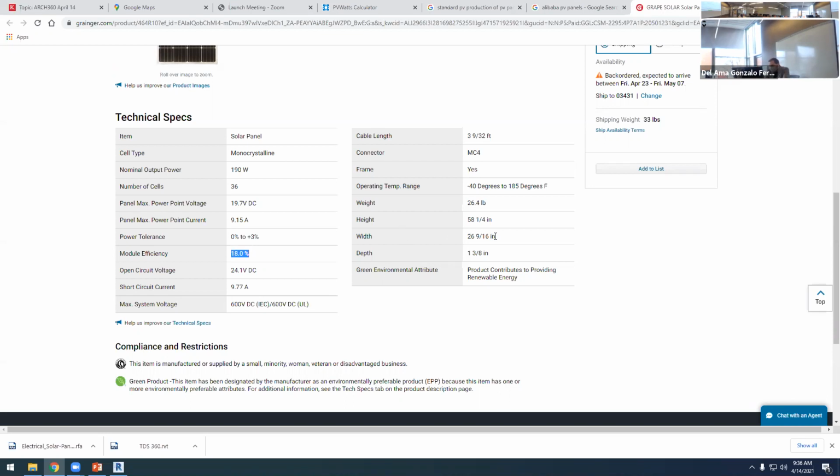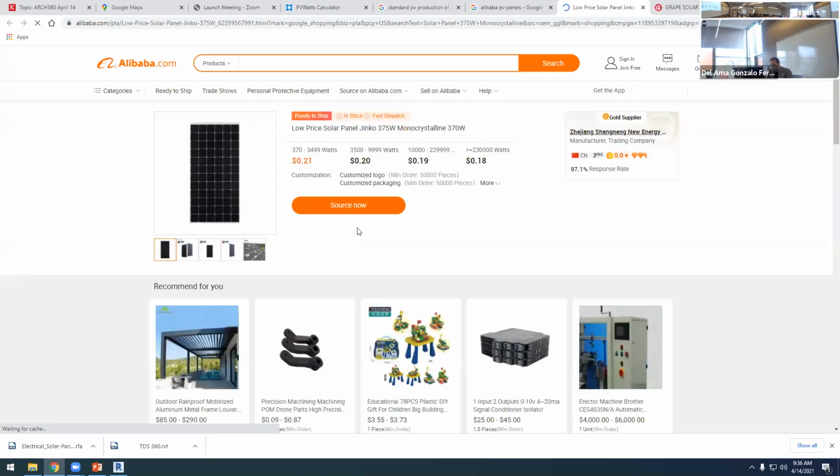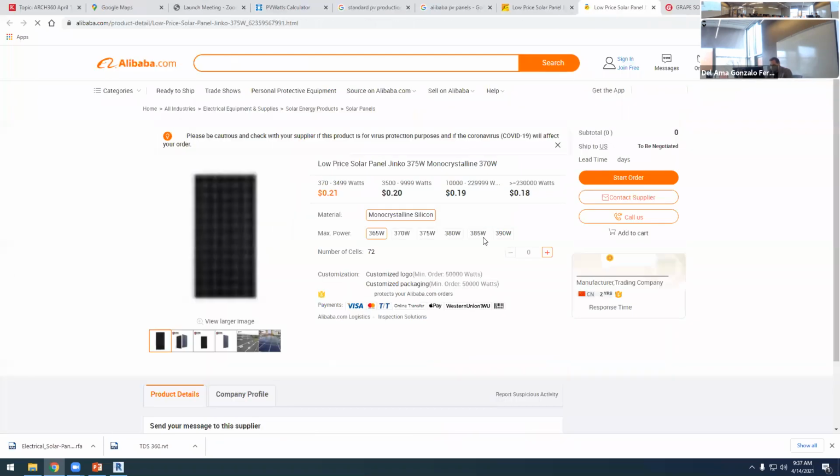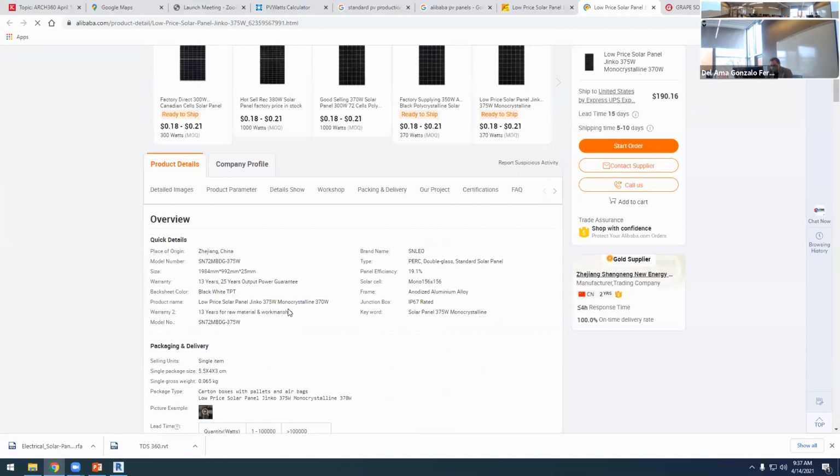Usually, this is always in metric units, and this is in imperial units. Let me see if we have another one in metric units. This is metric units.